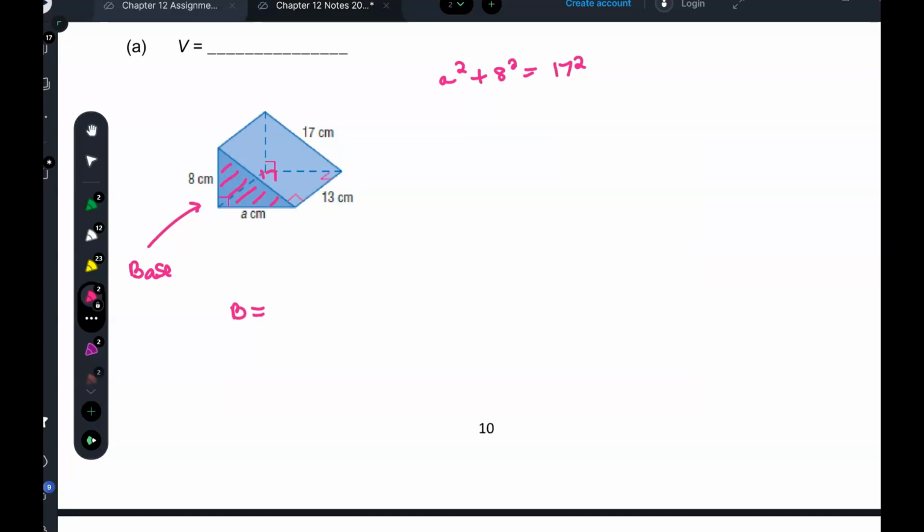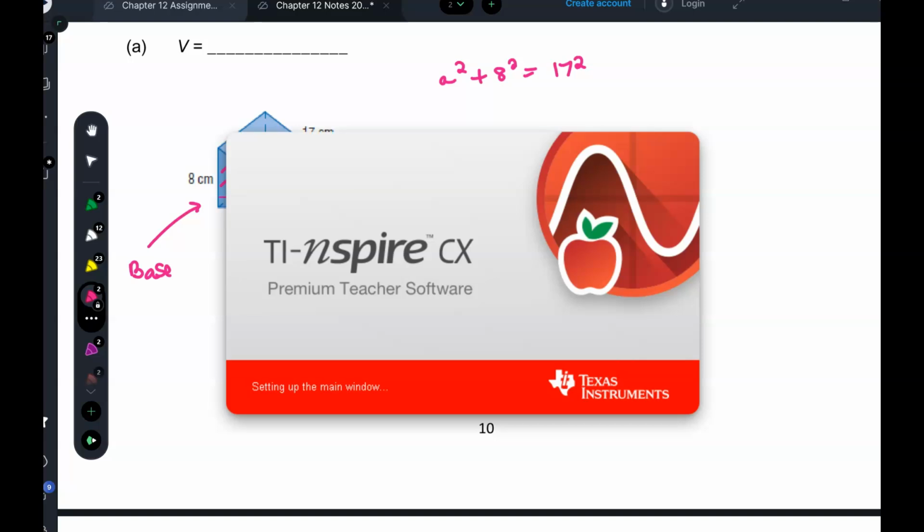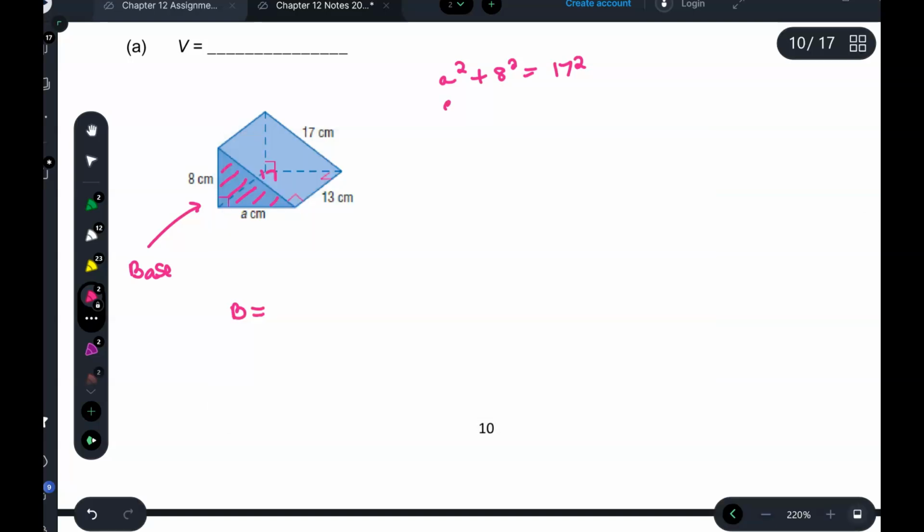And then take the square root of that. 15. Square root of 225. So 15. Okay, so if this is 15 centimeters, what's the area of this base now?